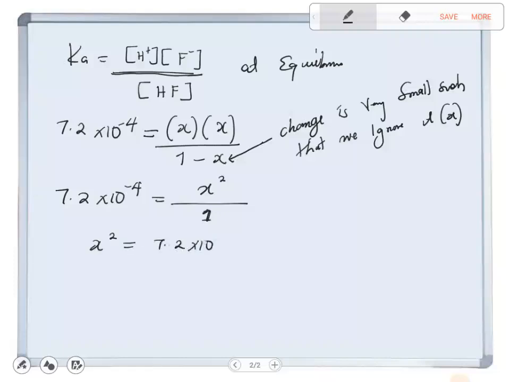So cross multiplying, we get x squared equals 7.2 times 10 to the negative 4. Of course, whenever you are solving a quadratic equation, you are going to get 2 answers, but we ignore the negative one. Punching on the calculator, we get 2.7 times 10 to the power negative 2 as the value of x.